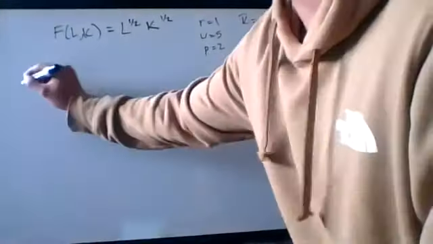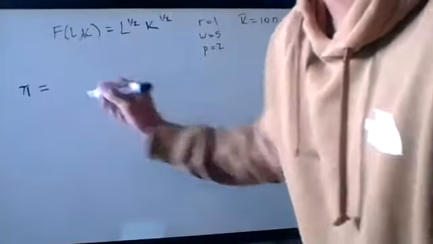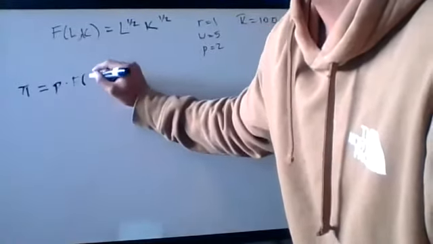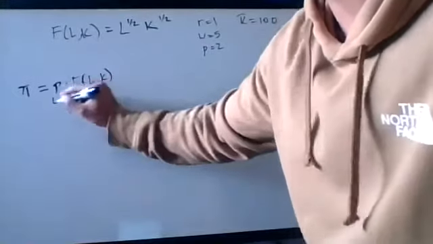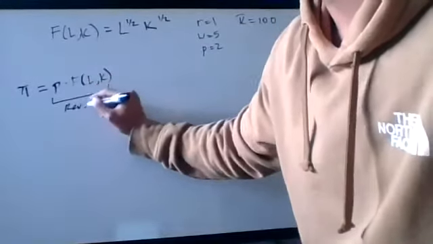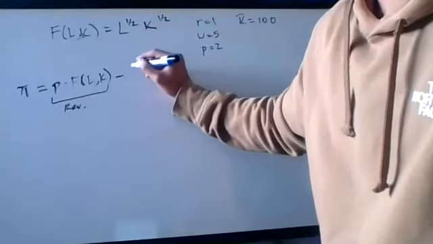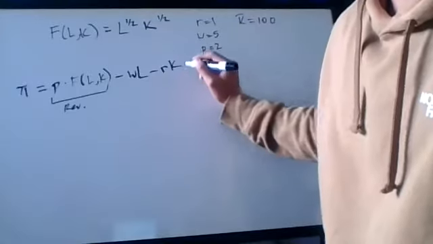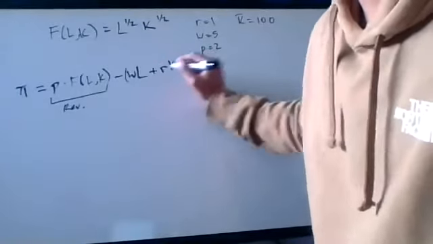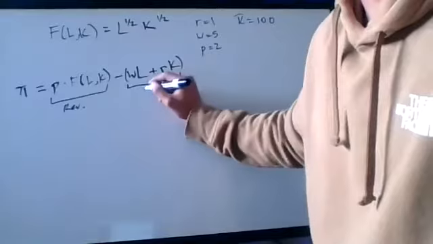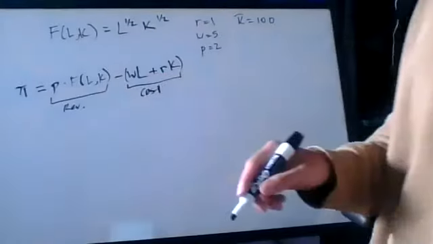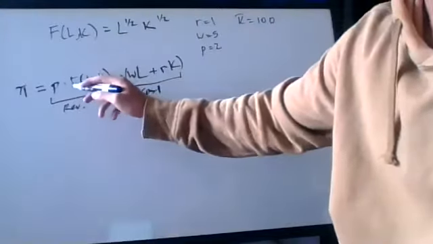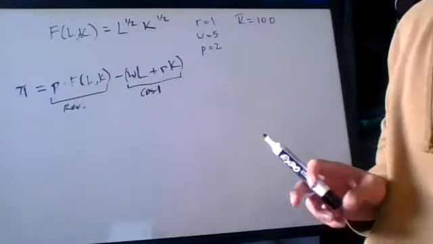If you remember the profit equation that we were working with in the past, P times F(L, K), this is our revenue, minus WL minus RK, which is our cost. So we're looking for the profit maximizing level of profit given that capital is fixed.